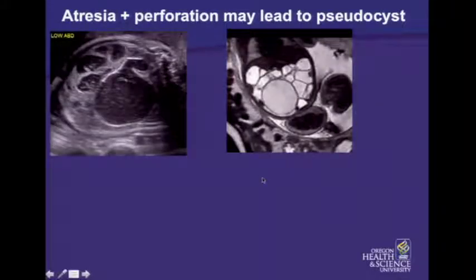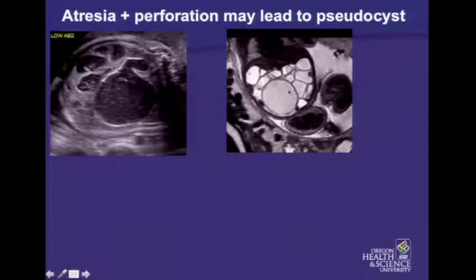In addition, dilated bowel from atresia is at risk for perforation. So here's a case of multiple loops of dilated bowel seen by ultrasound and by fetal MR. But there's this additional fluid collection that looks different. There was no peristalsis seen in here. It has this thick echogenic wall.